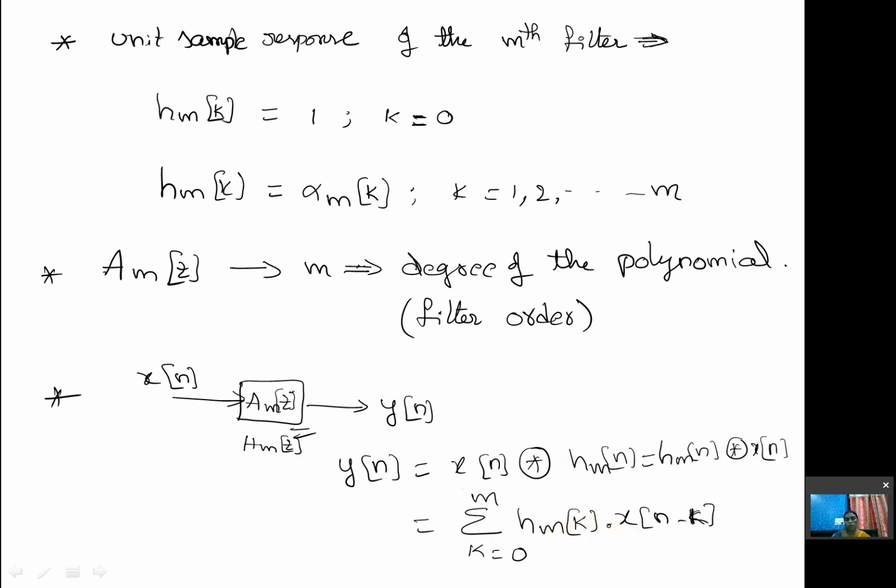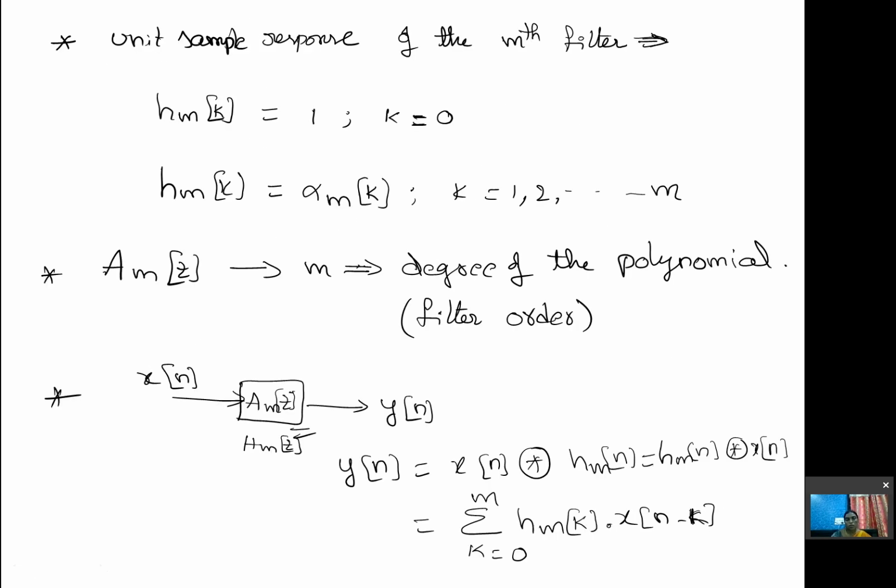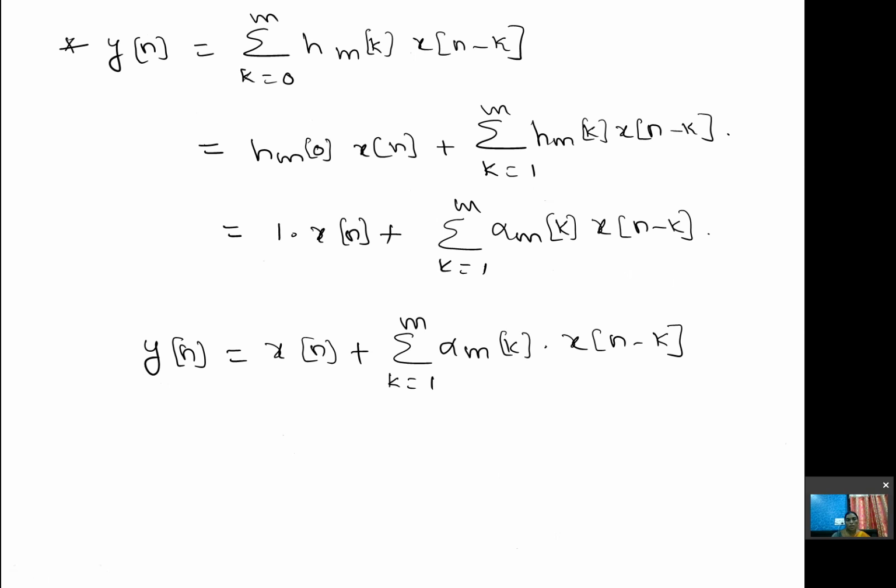Now what is hm of k here? We know the hm of 0 value, and hm of k for k not equal to 0, that means k=1 to m. In such a way you separate the summation like this, and then you get x of n plus summation alpha m of k into x of n minus k.